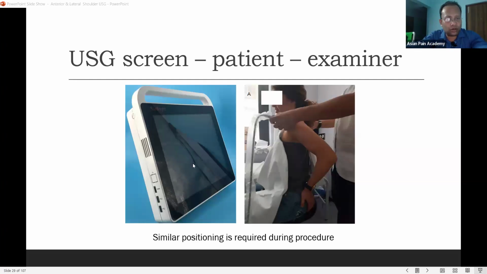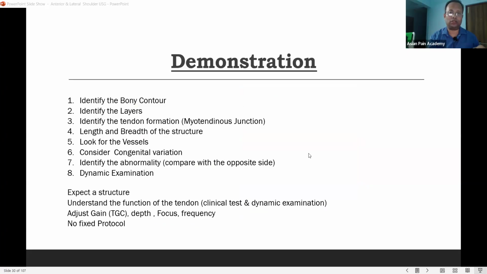Not only during examination but also during the procedure, the patient should be in between the interventionist and the monitor. The patient may be looking towards you, or towards the monitor, depending on where you want to do the intervention. But the monitor should be straight in front of your eyes. Otherwise, neither can you examine nor can you do any procedure.